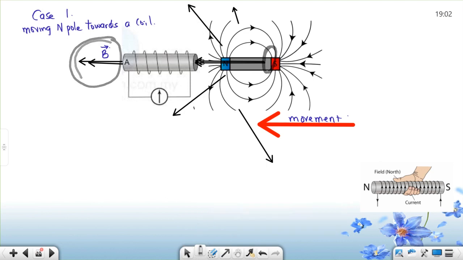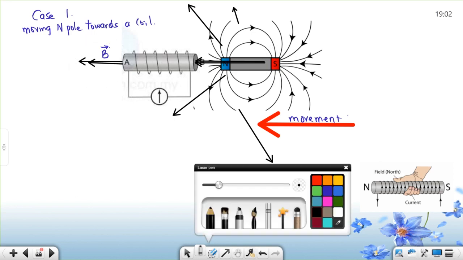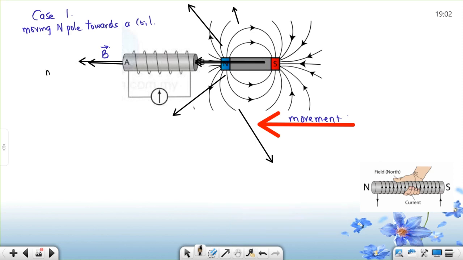The question is, what will happen at that point? There will be more magnetic field. And already that is a change in the magnetic field.